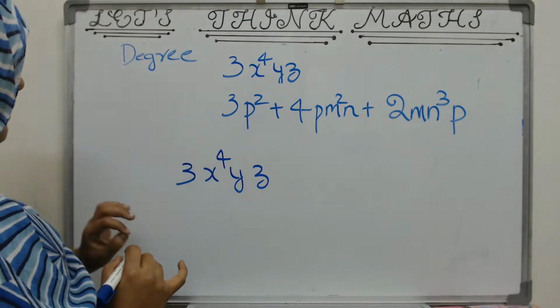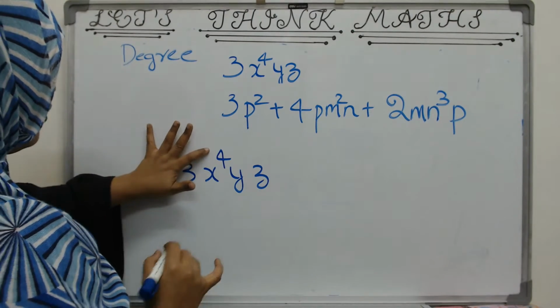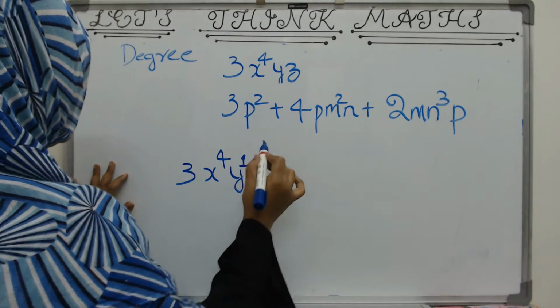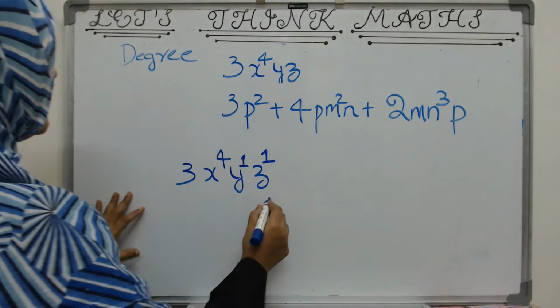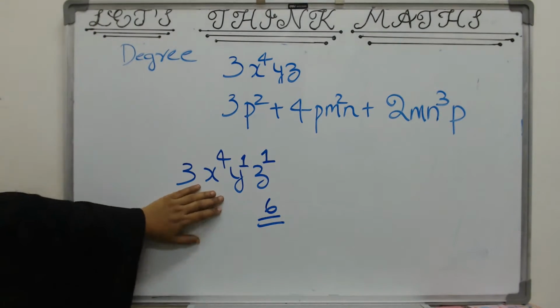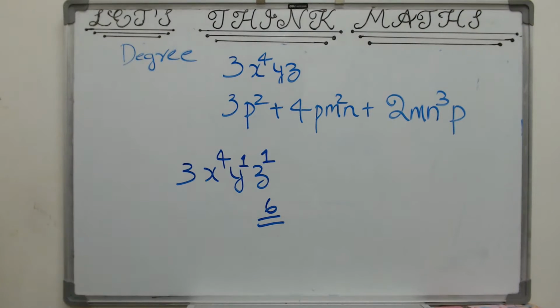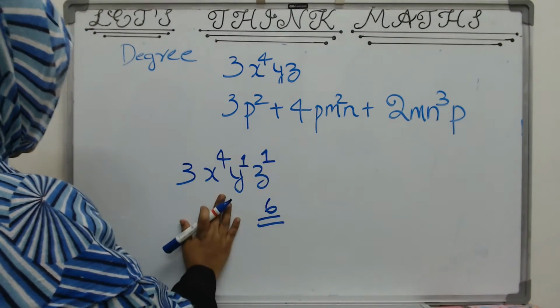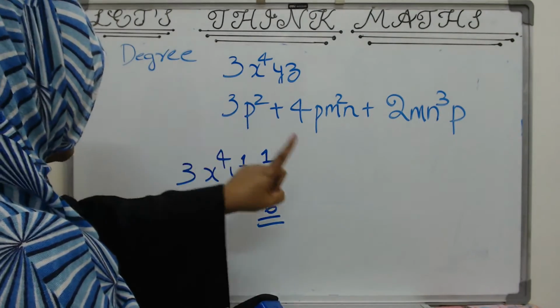And what are their powers? The power of x is 4, the power of y is 1, and the power of z is 1. So total power is 6. So if you have a monomial, this is how you determine the degree of a monomial. Degree of the monomial is the sum of the powers of its variables. This is if you have just one term.